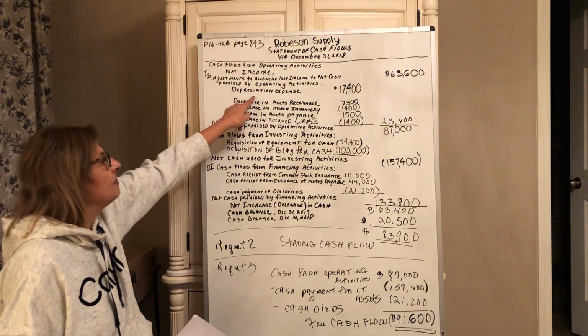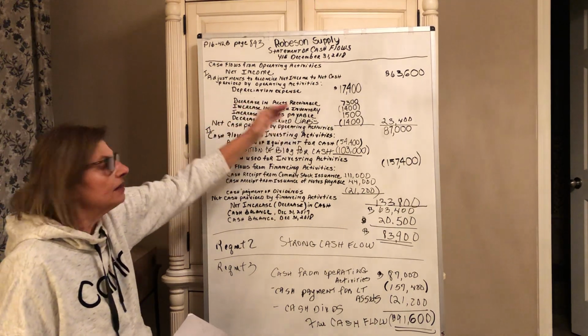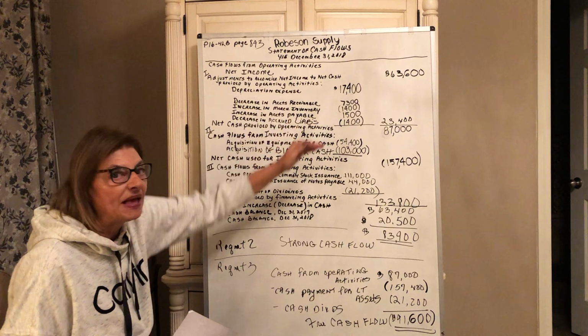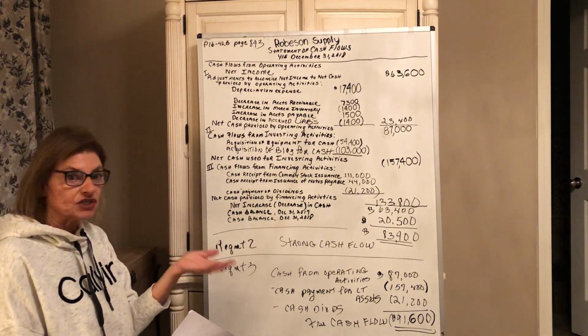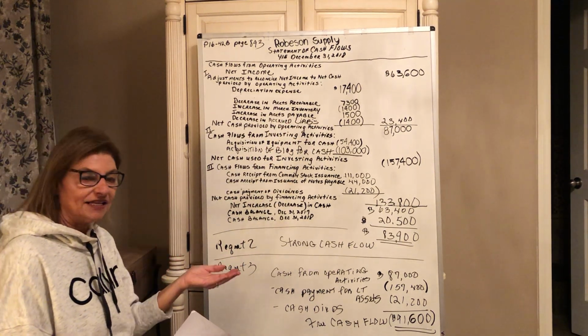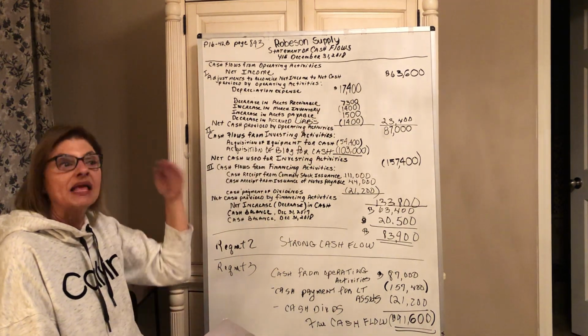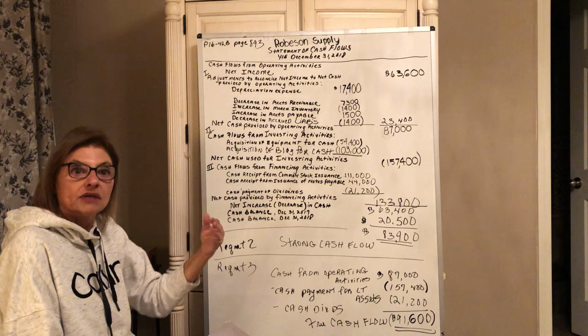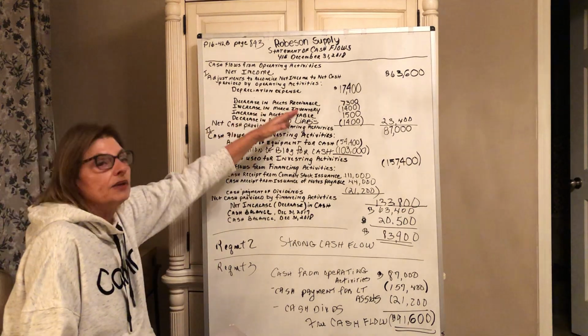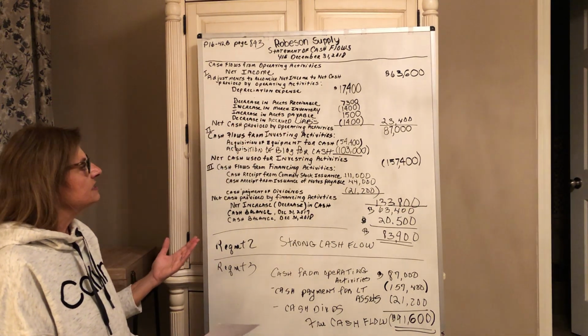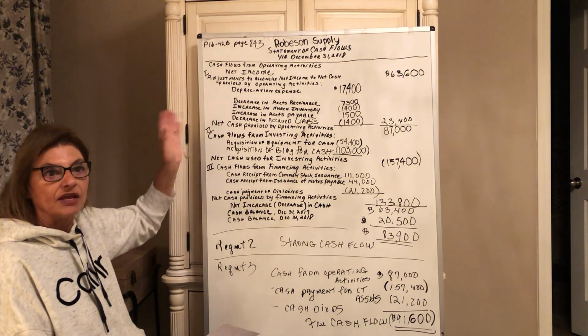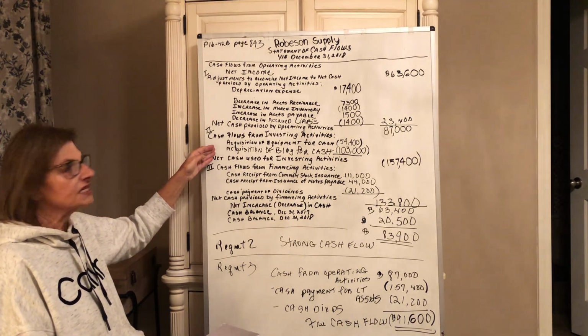We always add back in as our first adjustment in our operating section, add back depreciation, again a non-cash expense. So we add it in the income statement to get that $63,600 net income. That was one of the expenses that were subtracted. So now we're adding it back in. That's always done.